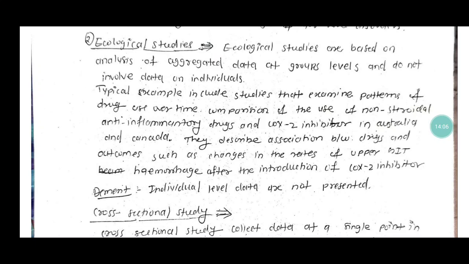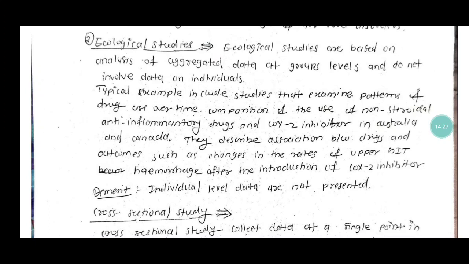They describe the association between the drugs and outcomes, such as changes in the rates of upper GIT hemorrhage after the introduction of COX-2 inhibitors, where the demerit of ecological studies is that individual level data are not presented.